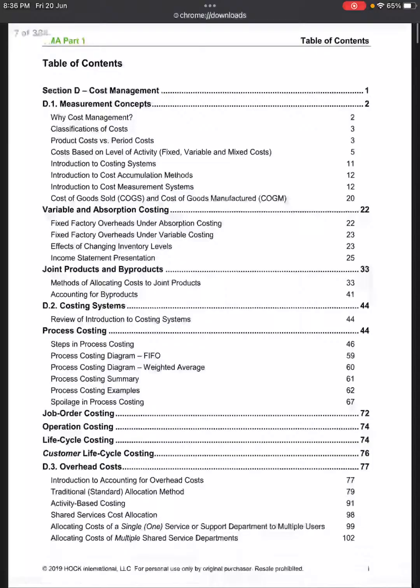If you are a CMA student, it will be very beneficial for you, because first I will teach you all the concepts, and then I will provide you all the questions, which will be paid, but I will provide them online. Then I will solve them as well.